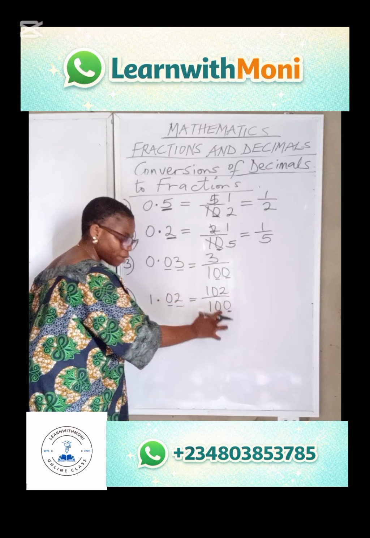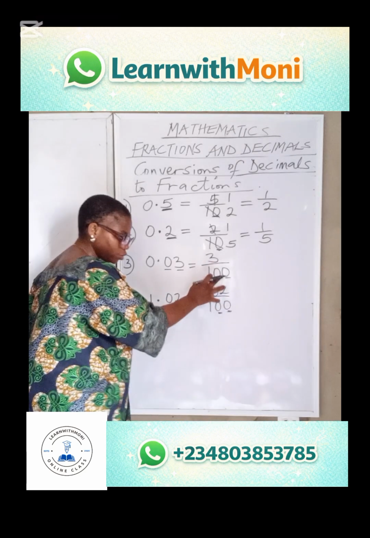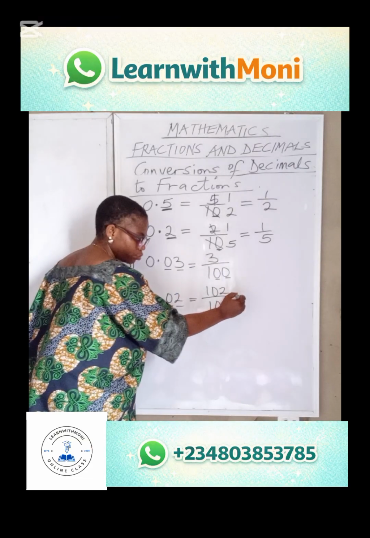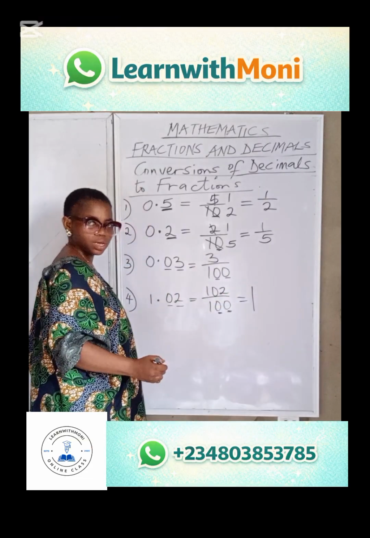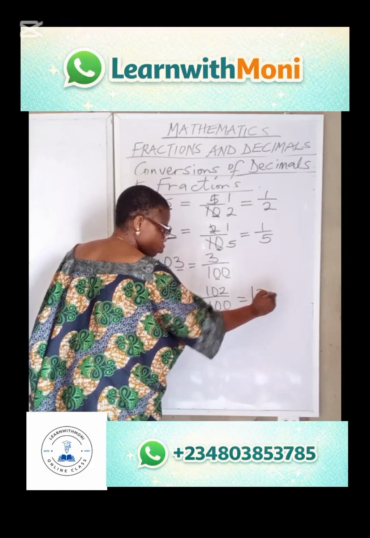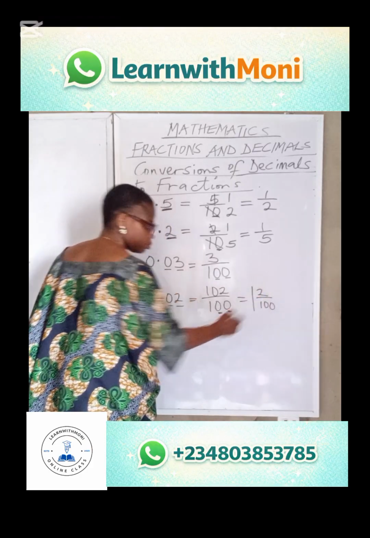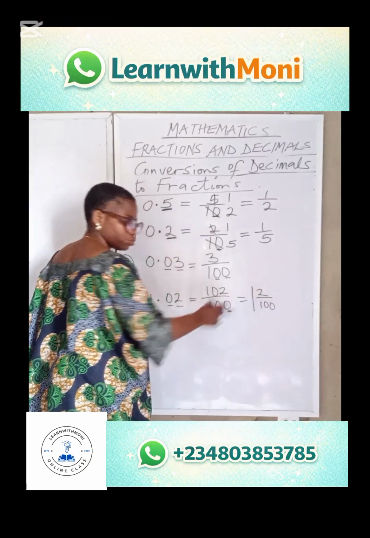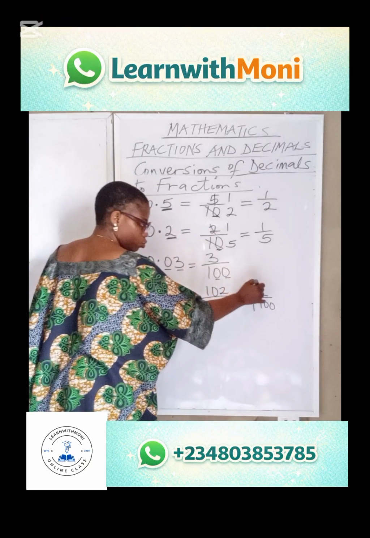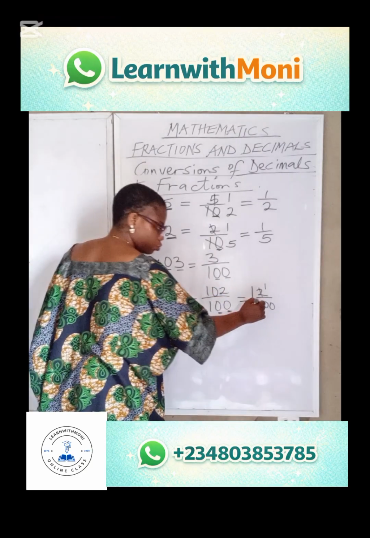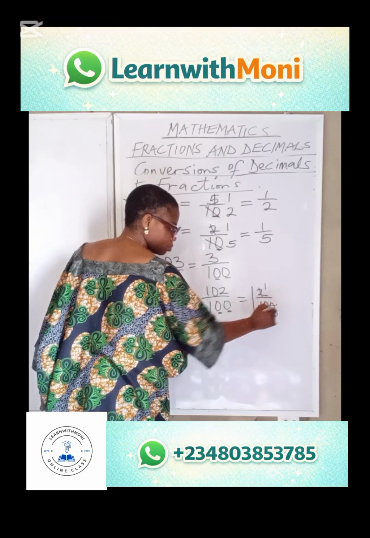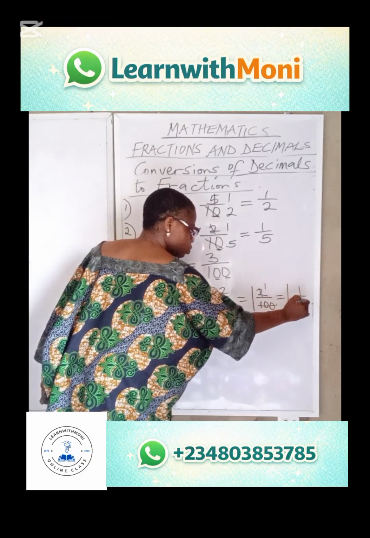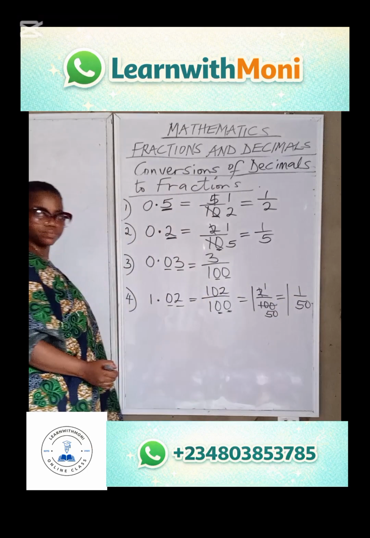This is an improper fraction. I will change it to mixed number. 102 divided by 100 is 1. And it will remain 2 over 100. 2 and 100 can be reduced further. 2 divides 2 once. 2 divides 100, 50 times. And my final answer is 1 whole 1 over 50.